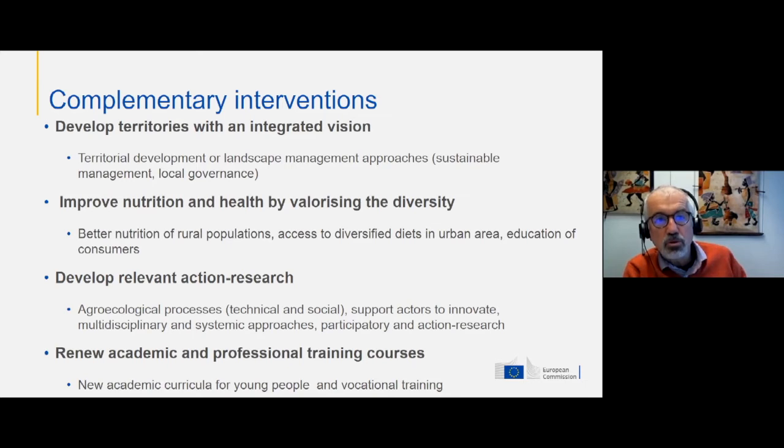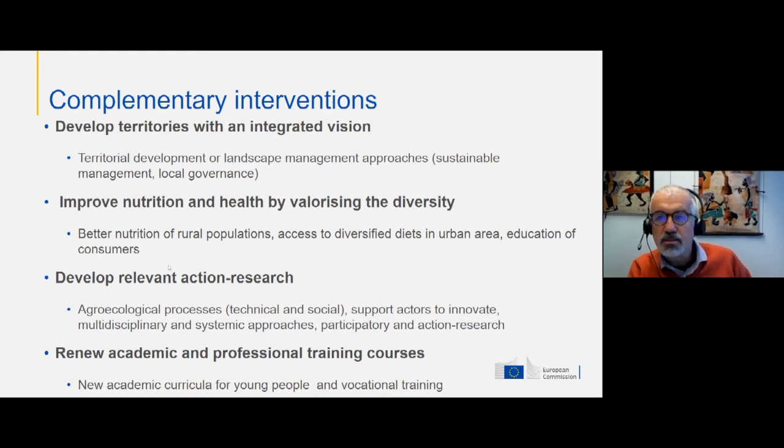Those interventions are more on the territorial approaches that are complementary to the agroecological approaches, with landscape management, as F2 does, for instance, and that allow for a sustainable management of resources. And this works alongside local governance.